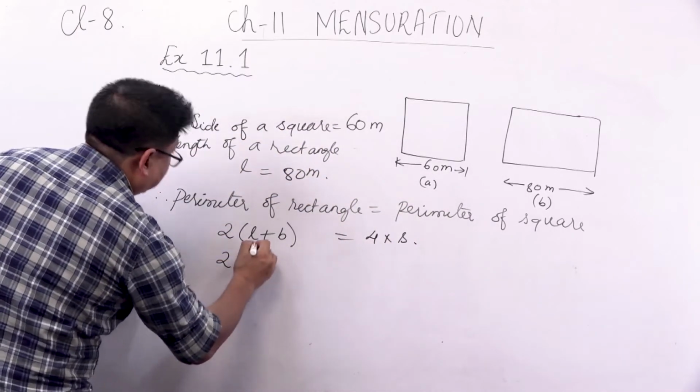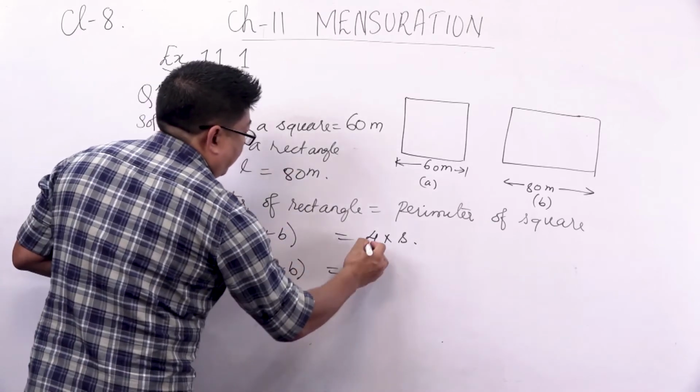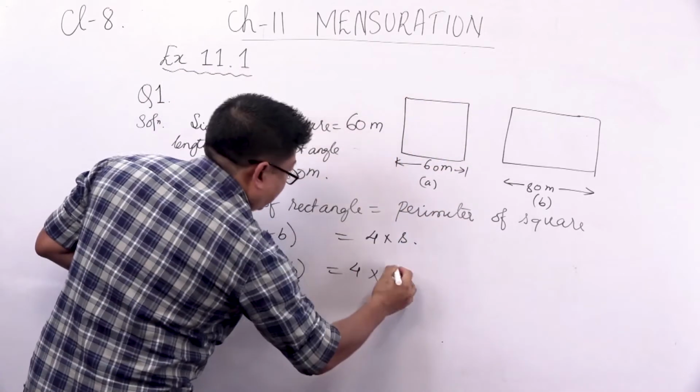So twice into length is 80, breadth we do not know, 4 into one side of square is 60 means all the sides are 60.